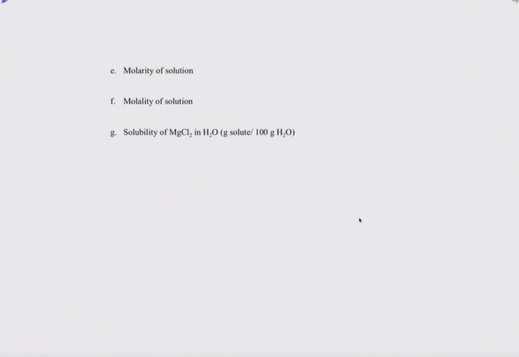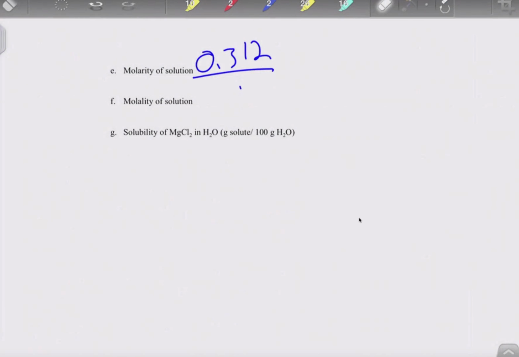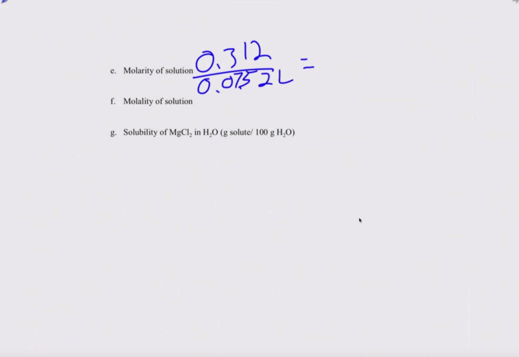Molarity is moles per liter. Well, the moles of the magnesium chloride is 0.312. The number of liters is 75.2 milliliters, that's in the table back at the beginning, which means 0.0752 liters, which means that the solution had a concentration of 4.23 molar.